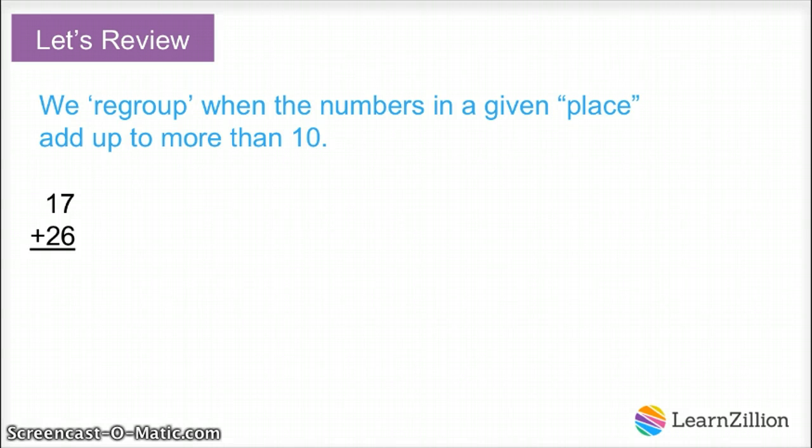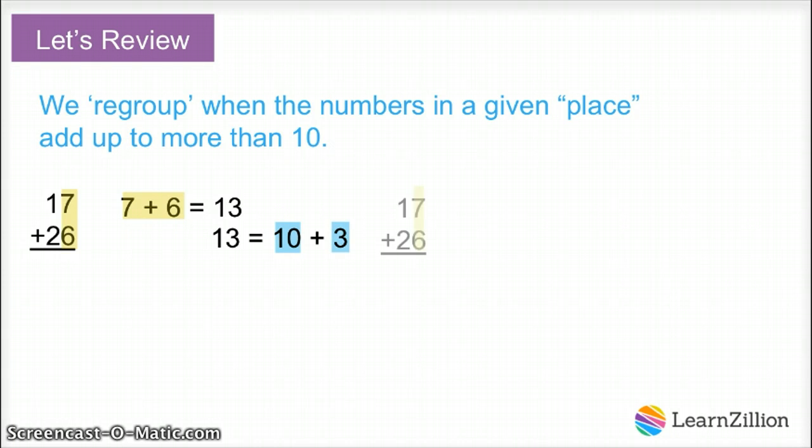17 plus 26. We start by adding 7 plus 6, which equals 13. We know that 13 is 10 plus 3 as a 10 plus fact. Therefore, we write the 3 in the ones place and we carry the group of 10 to the top, making sure we line up the places correctly.